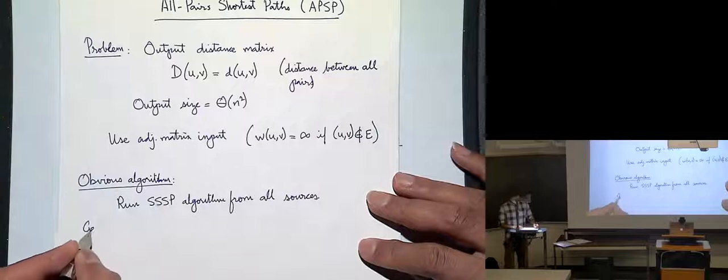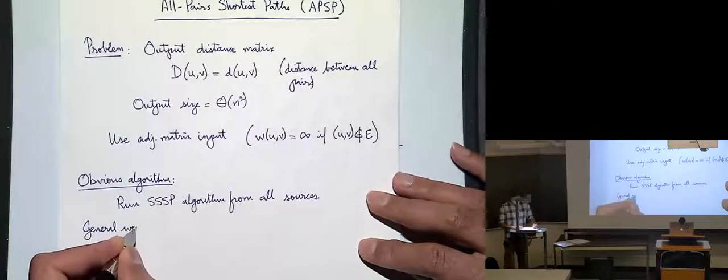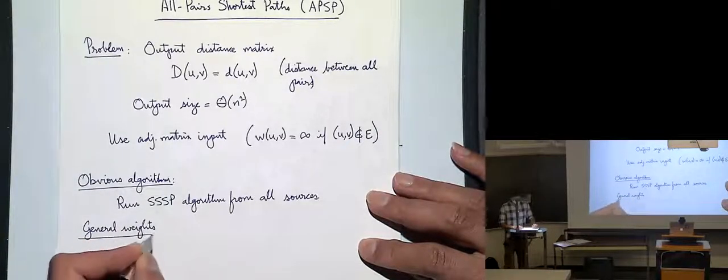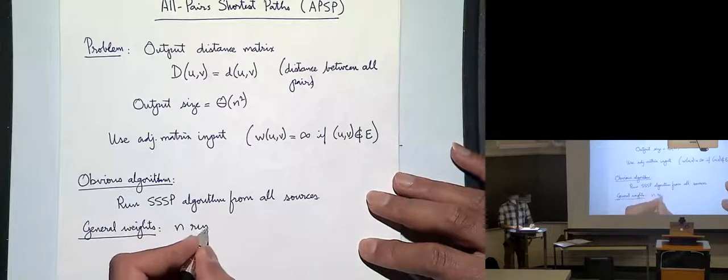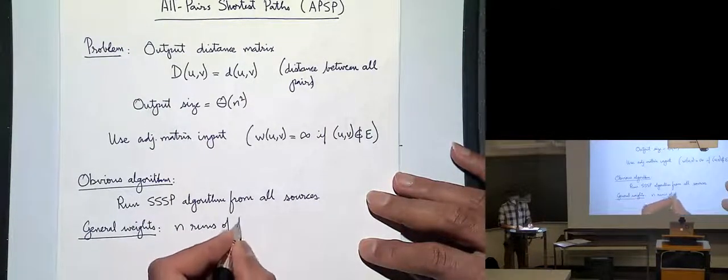For general weights, this would be n runs of Bellman-Ford.